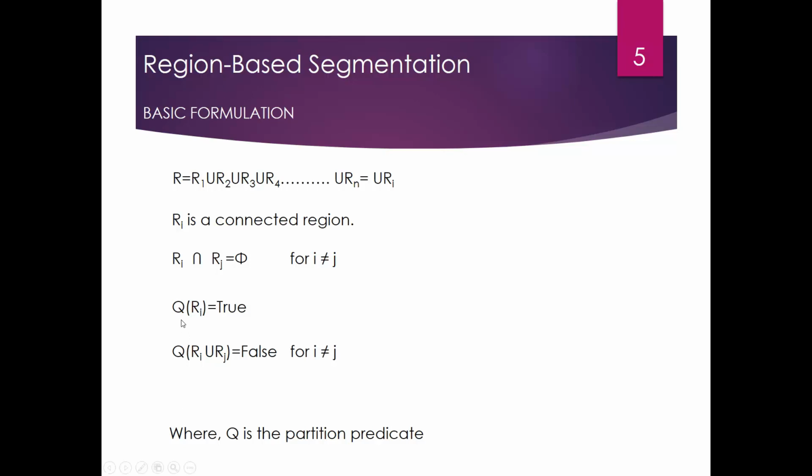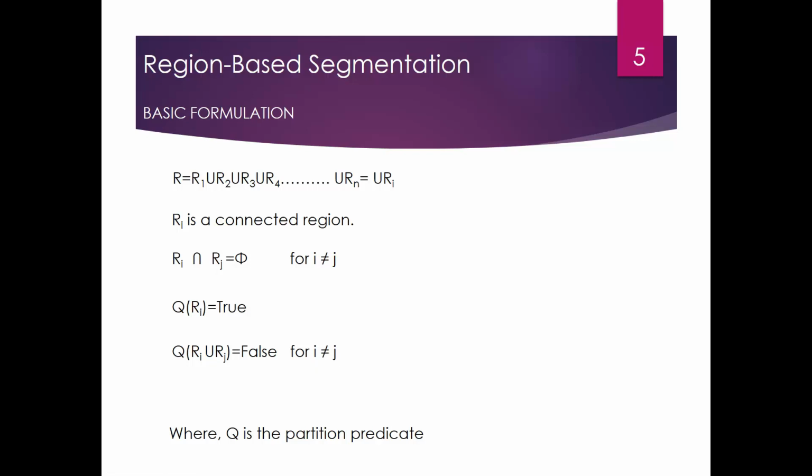The fourth property is that a logical predicate defined over the points in the set Ri should be true. The logical predicate deals with a property that must be satisfied by the pixels in a segmented region. For example, Q of Ri is true if all the pixels in Ri have the same gray level. Now, the predicate of Ri union Rj is false for i not equal to j.